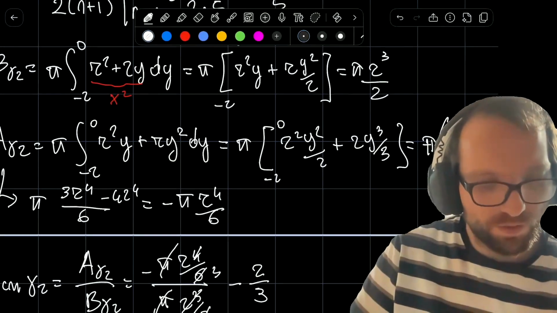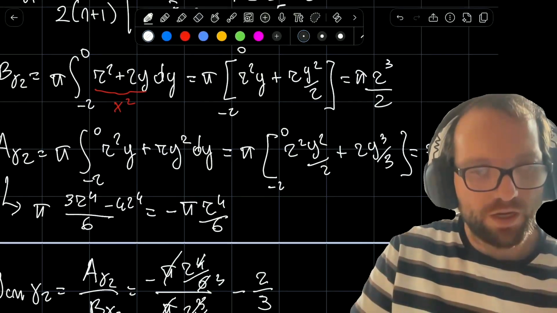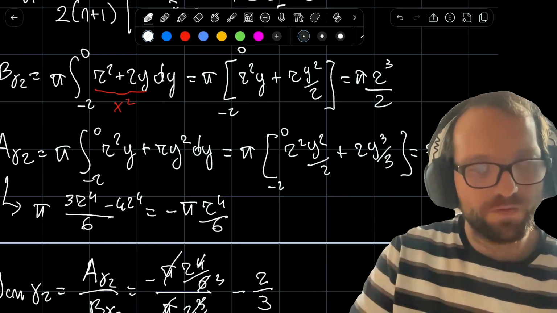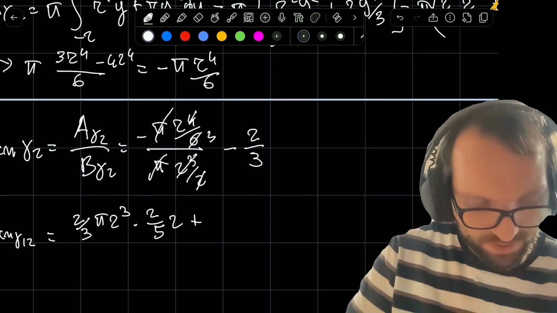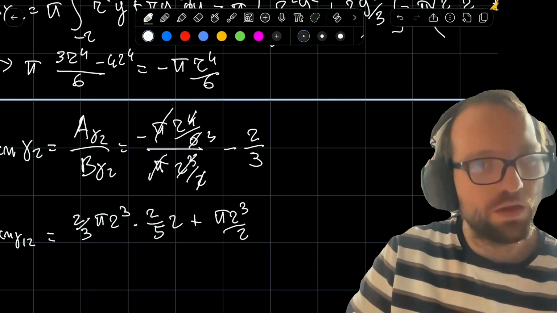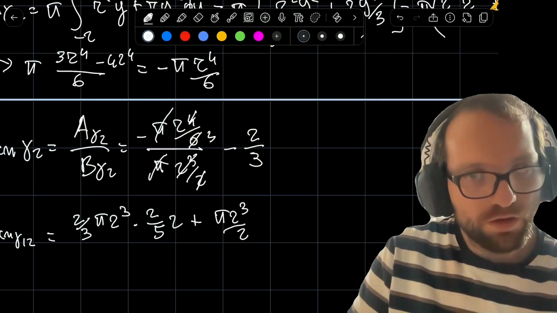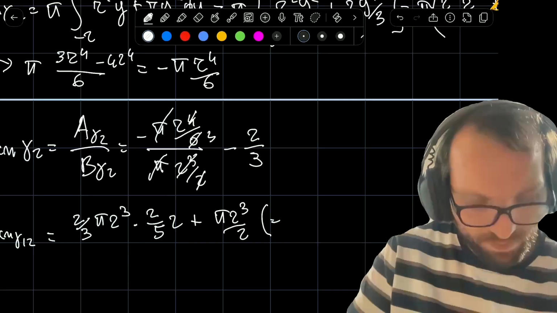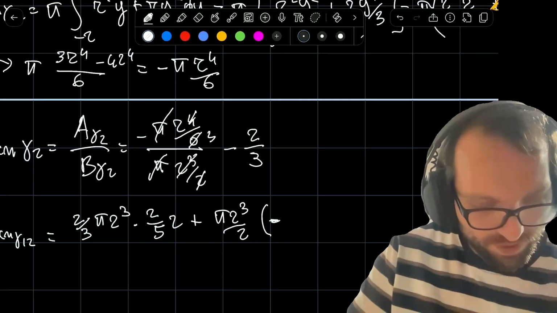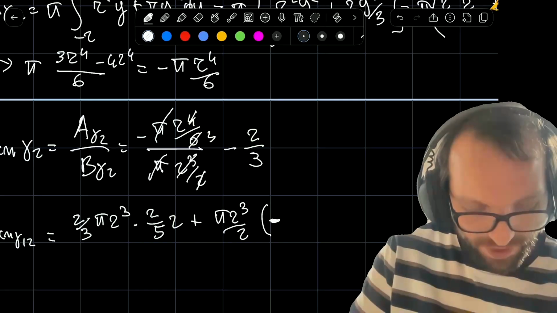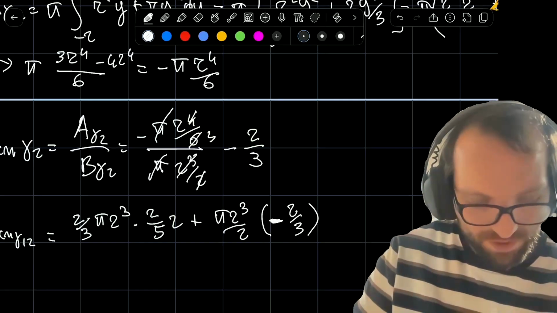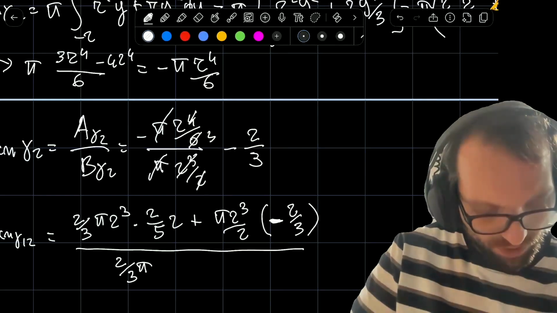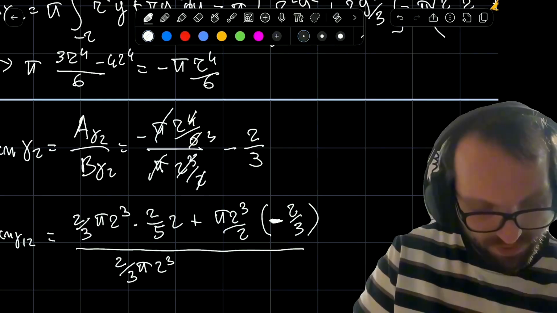When I say mass, I always intend the denominator of the center of mass computation. Plus, multiplied by the center of mass. Here it's important to remember the sign, okay? So here it's a minus, okay? Multiplied by the sum of the weights.